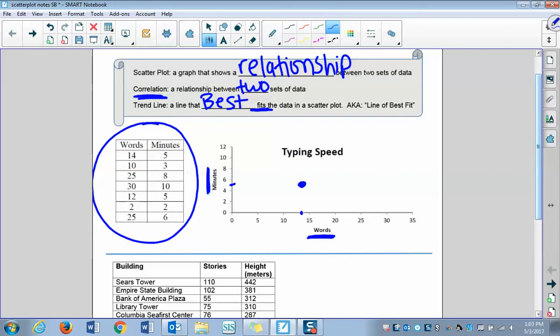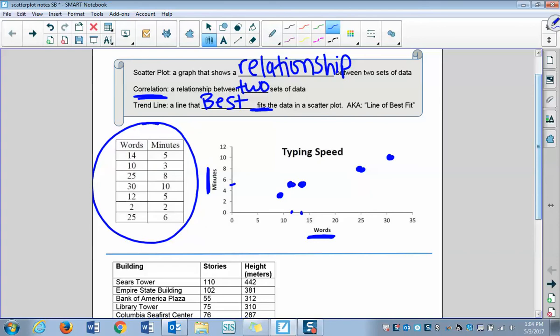10, 3 would be about there. 25, 8 would be about there. 30, 10. You're just plotting these the best that you can do. 12, 5. So 12 would be about there, and then up 5.